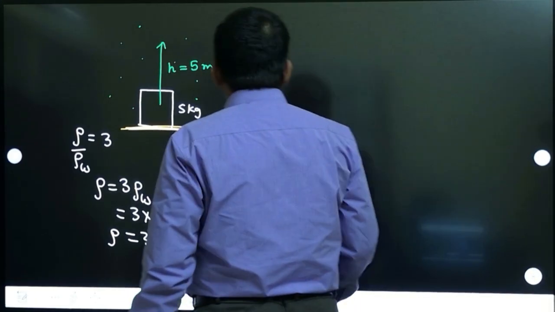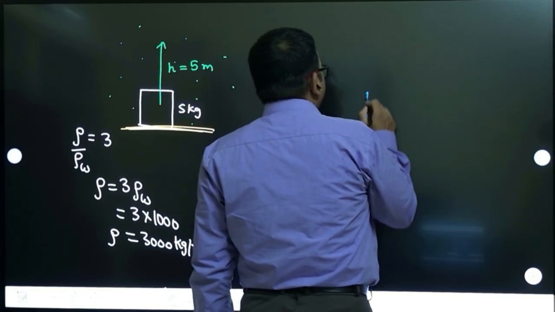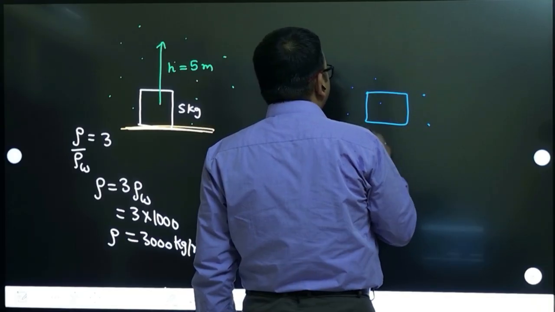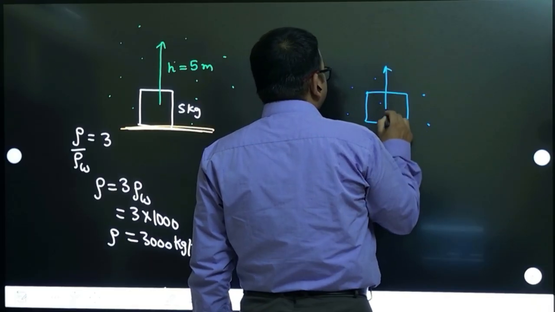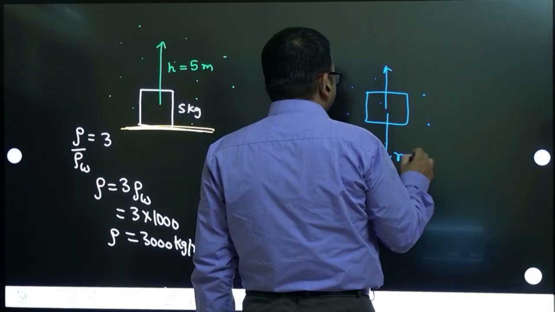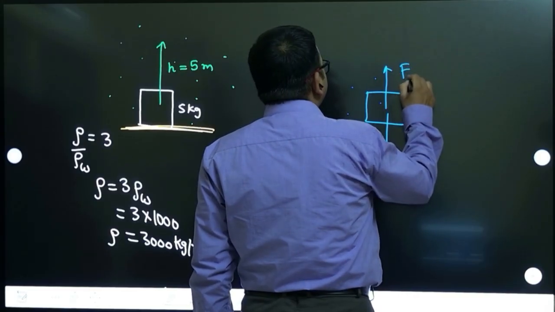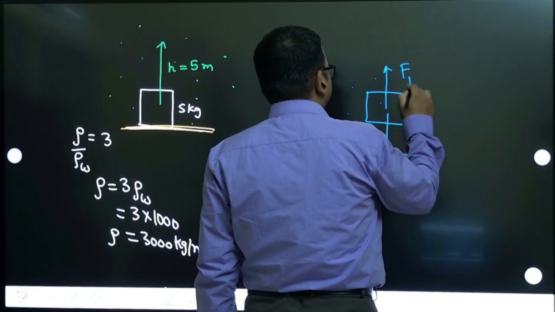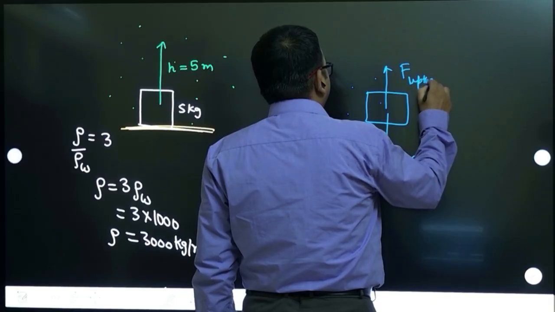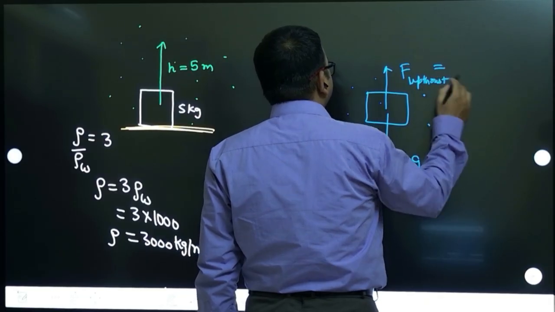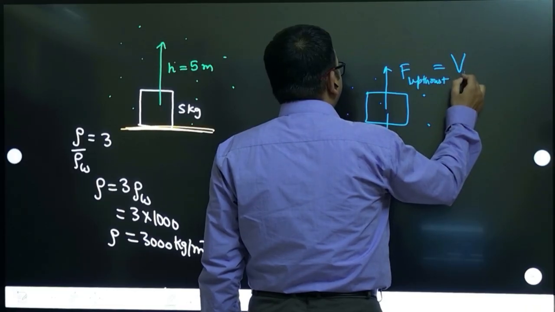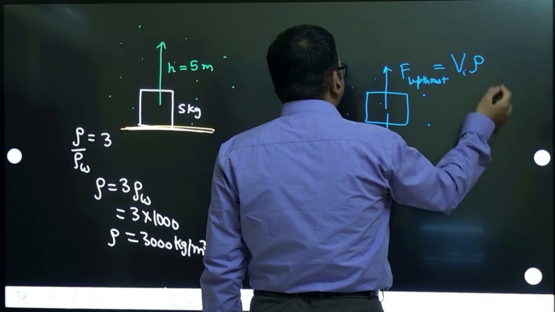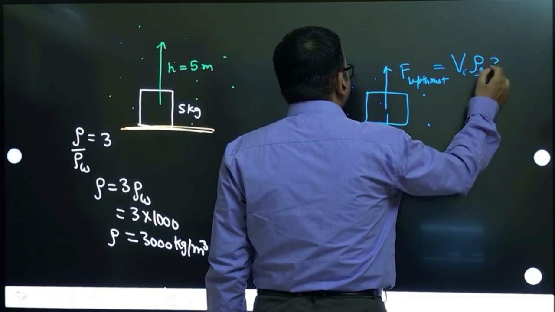First, you should note that there is a force of buoyancy acting on an object when it is inside water or any liquid. So mg is anyway acting, but there is also a force of buoyancy, also called upthrust. This upthrust force is given as the volume inside times the density of the outside liquid medium times g.